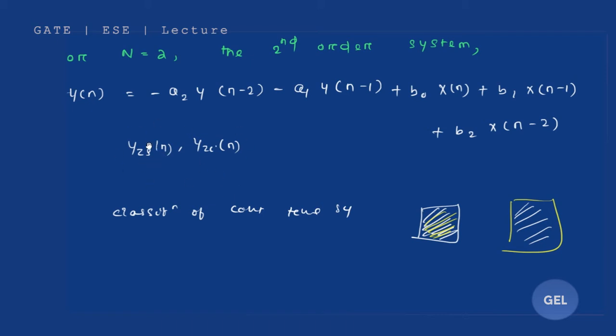Similarly, zero state response and zero input response for discrete time systems also exist, but I'm skipping this because it is not necessary for your GATE and engineering service exams, and in that time I want to discuss a lot of questions with you.